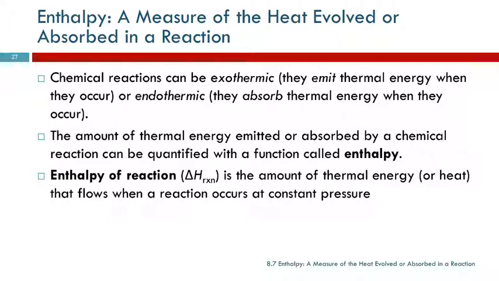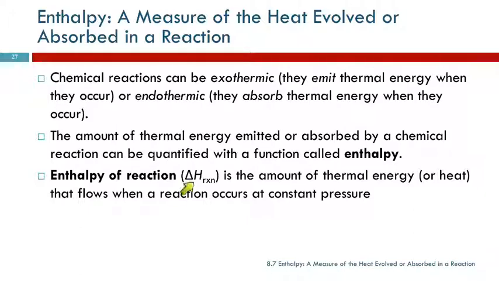So the amount of energy released is of interest to chemists, and this can be quantified using an idea called enthalpy. Enthalpy is similar to energy. It's a specific type of energy. When we talk about the enthalpy of reaction, that's delta H reaction.